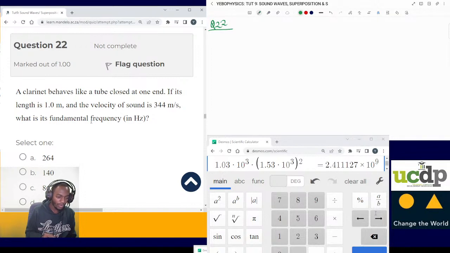So what we should recall is that we need an equation for calculating frequency when the tube is closed on one end.